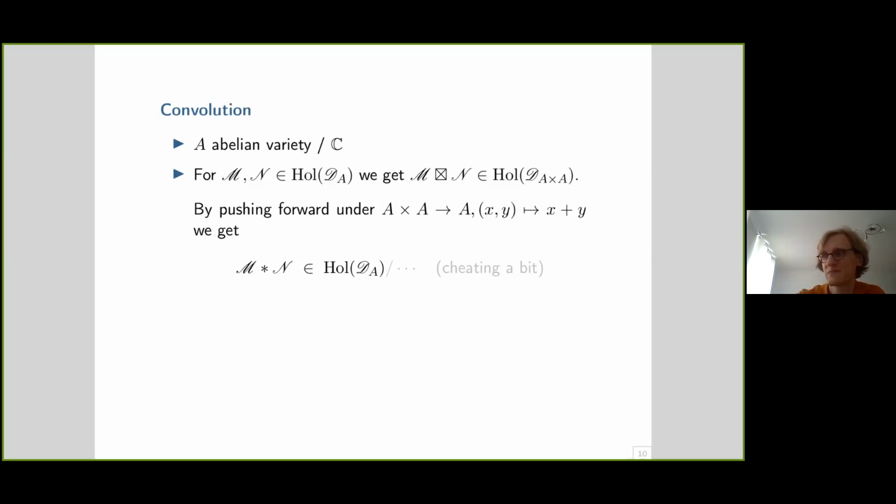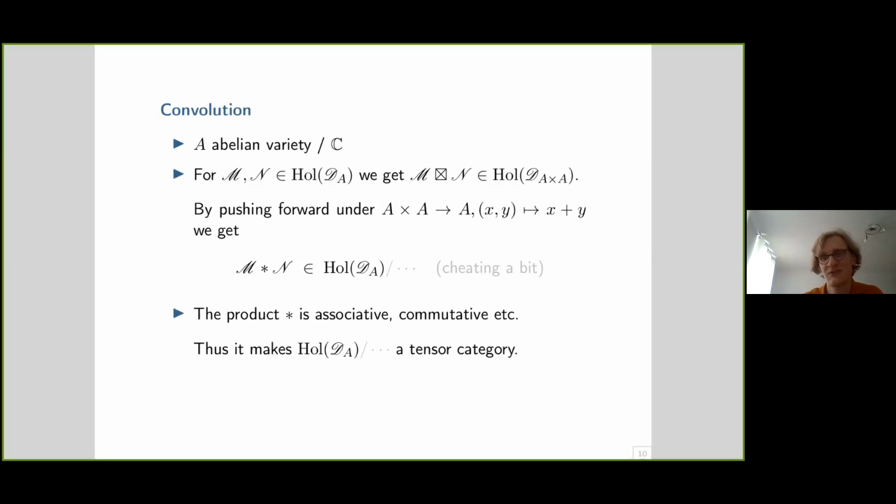So this is only cheating a little bit. This is related to generic vanishing theory. This product, just by abstract nonsense, is associative and commutative and so on. So it gives you the structure of a tensor category on this thing. So I'm not using the usual tensor product, but this convolution product.